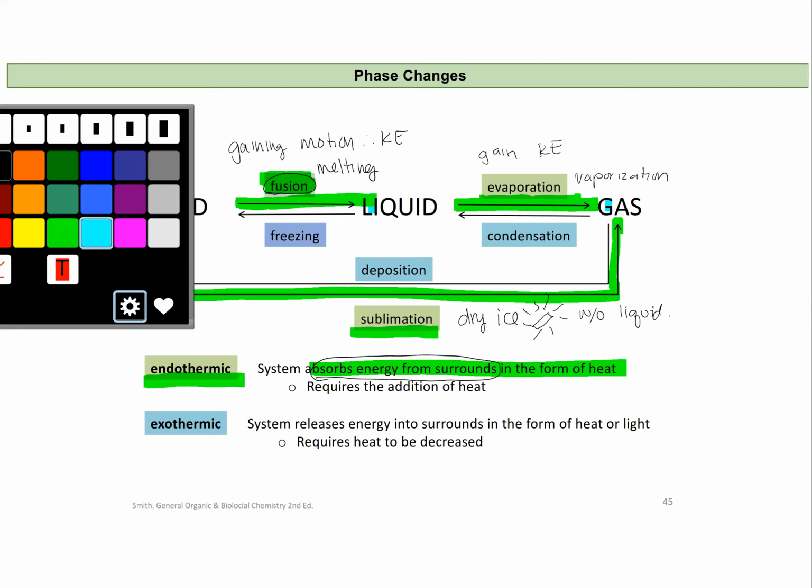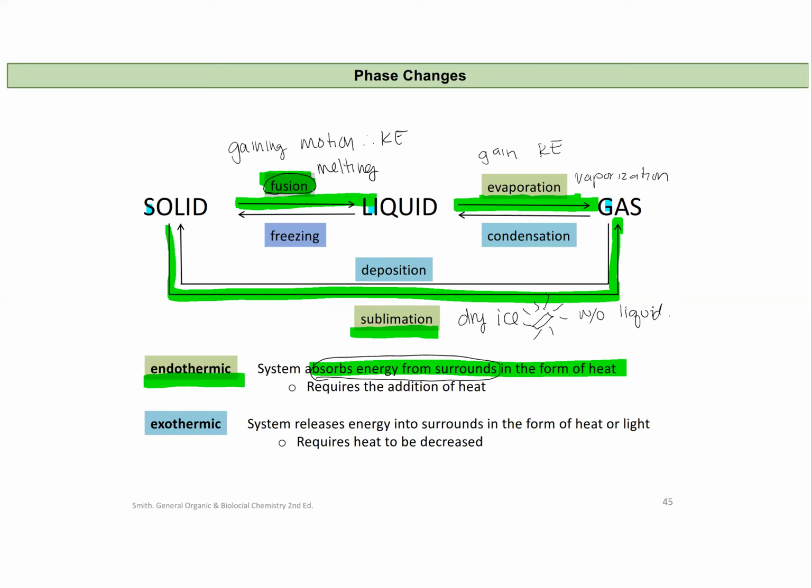Now, there's also the opposite of each of these. If you're a gas particle and you become a liquid, it's called condensation. Kind of like condensation or dew in the morning is water that's condensed from the air because it is so cold in the morning.